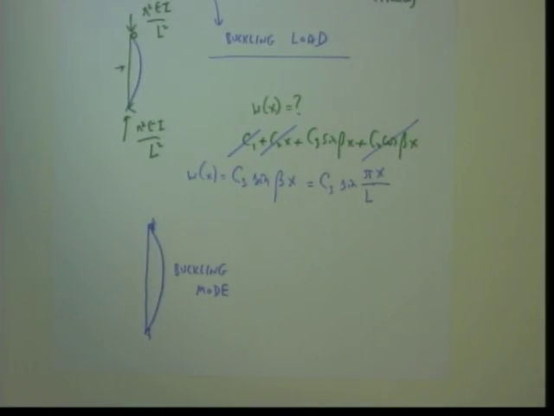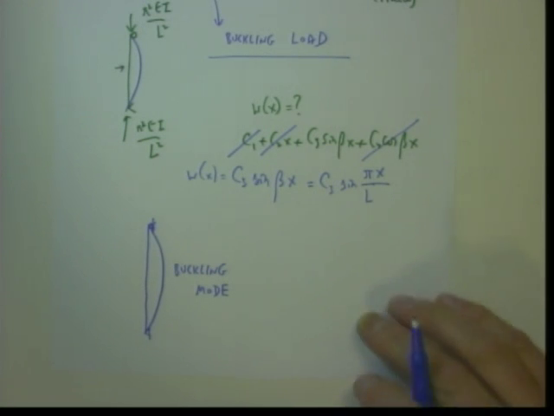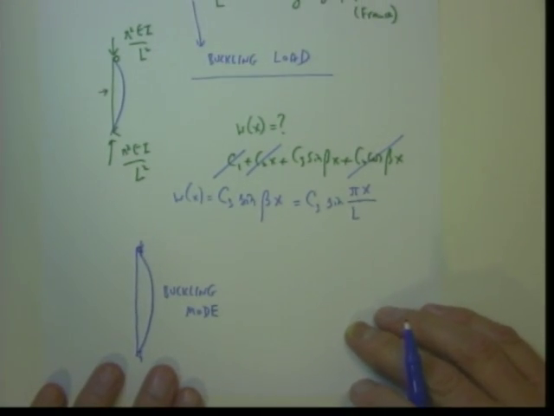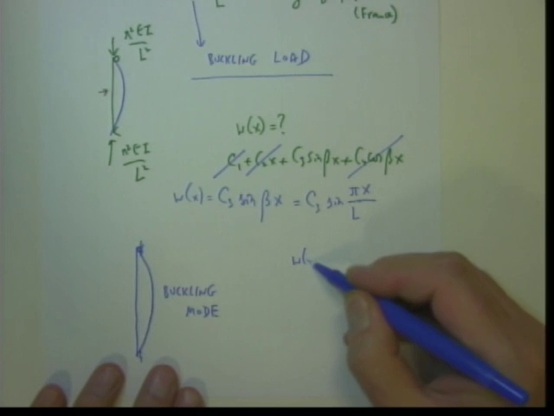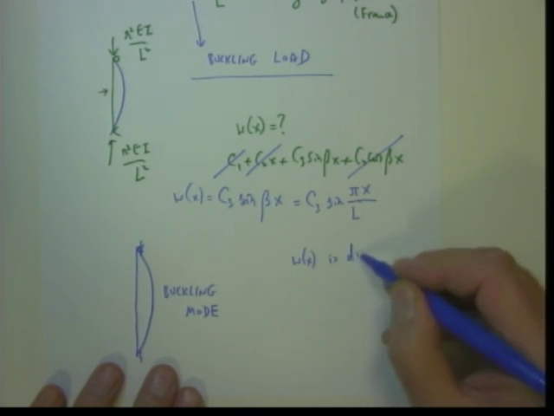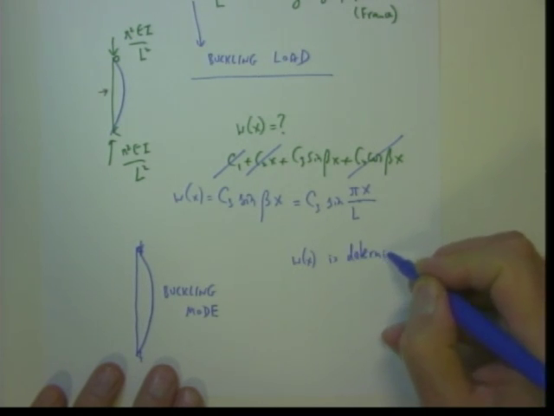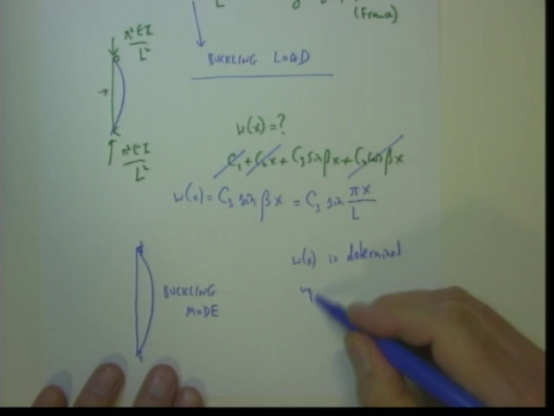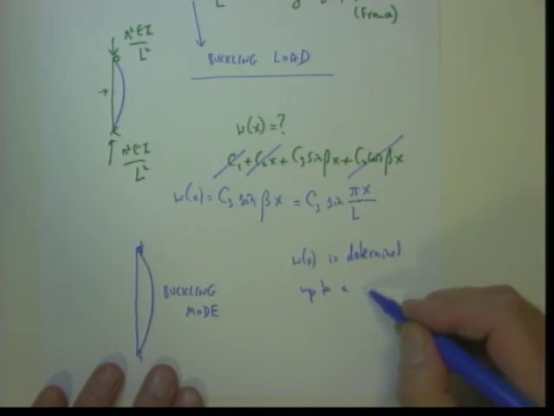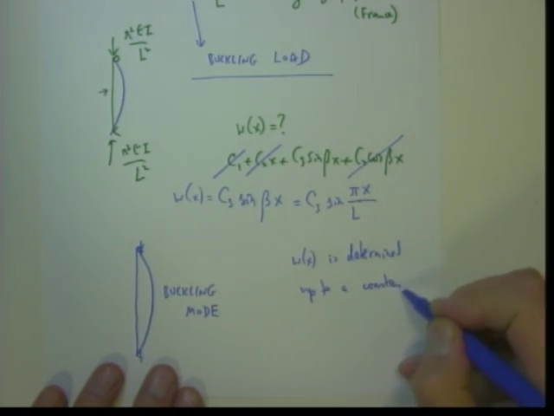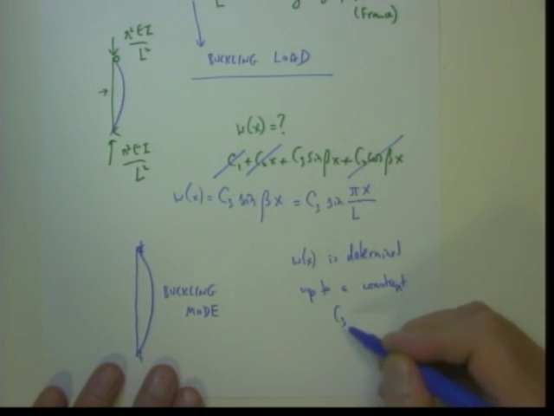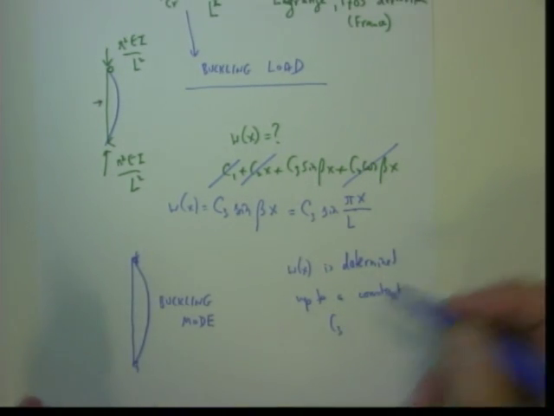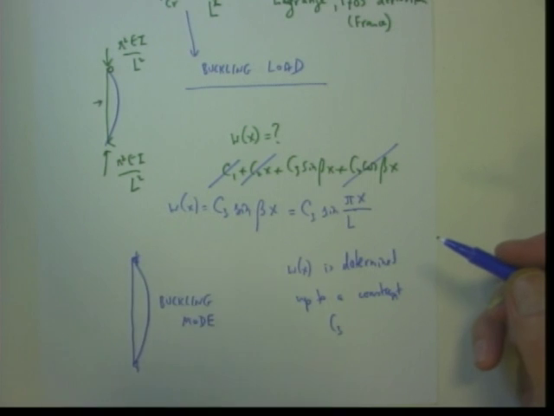So this is a buckling mode. Paying attention, W of x is determined up to a constant C3. So C3 is not 0 and not determined.